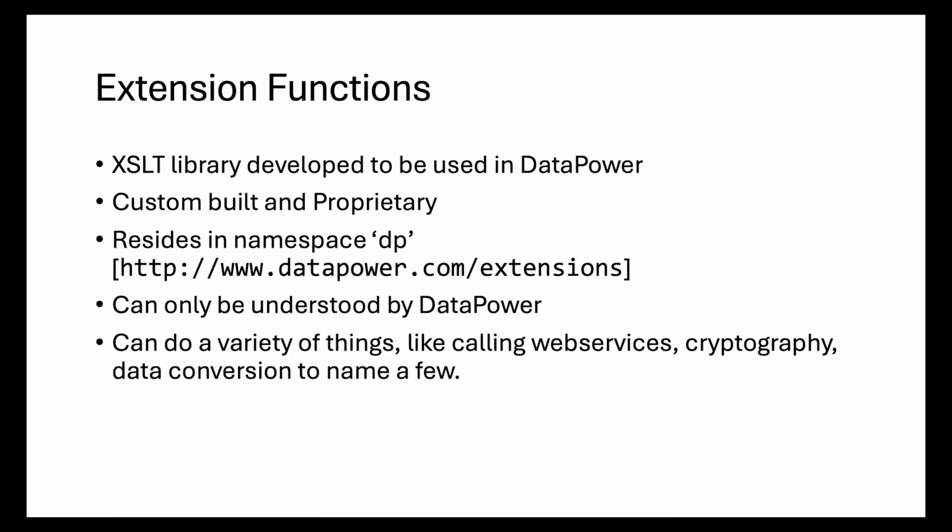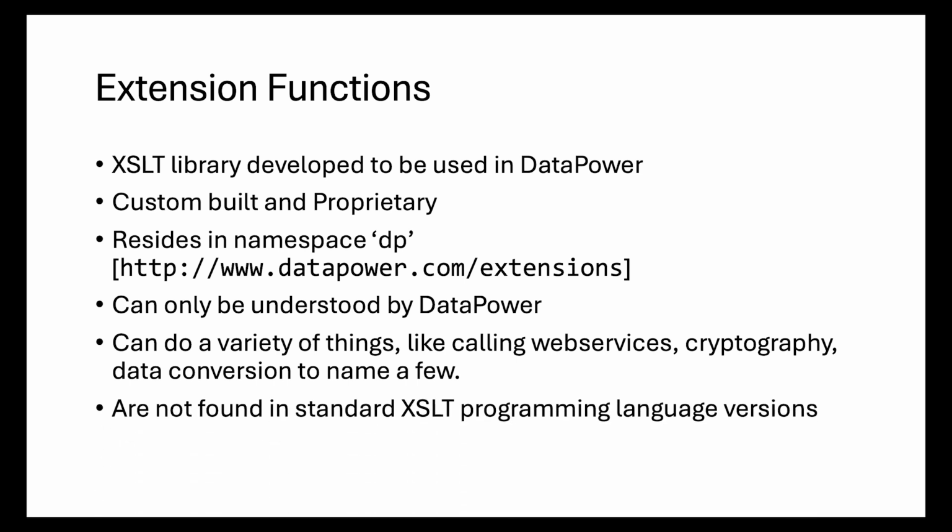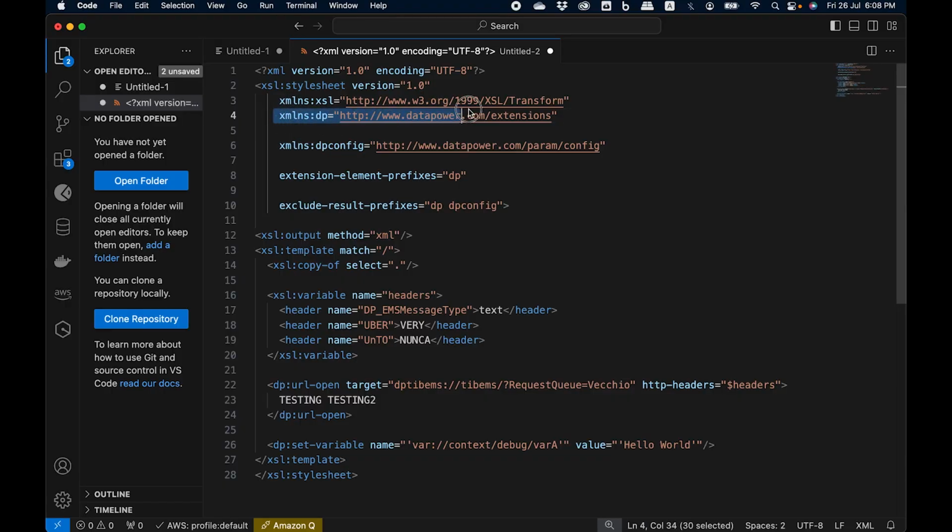In order to achieve all these functionalities, you have some functions provided by DataPower, and these are extension functions. These extension functions reside in the namespace called dp, and you must precede their name with dp:, for example, dp:url-open, dp:set-http-request-header, dp:set-variable and so on. All these are DataPower extension functions.